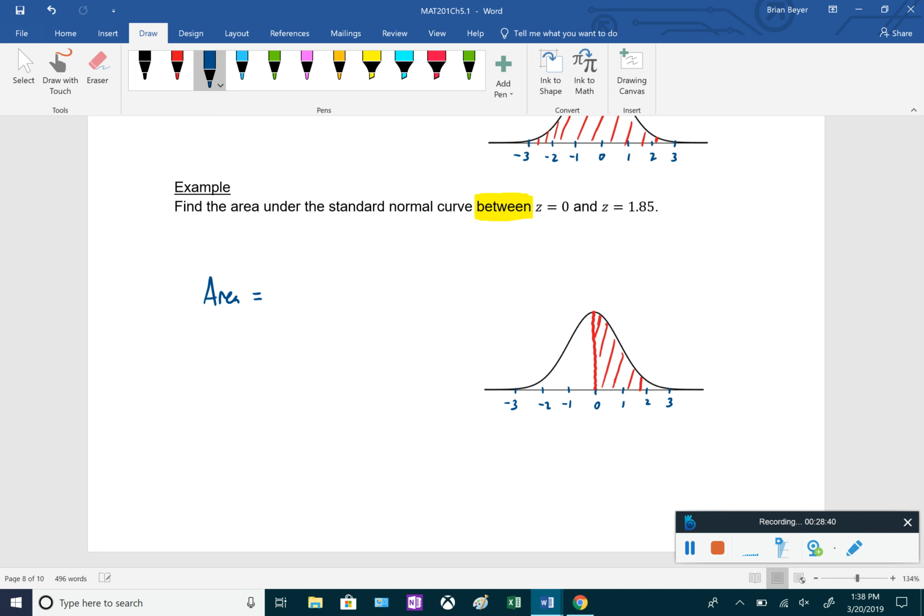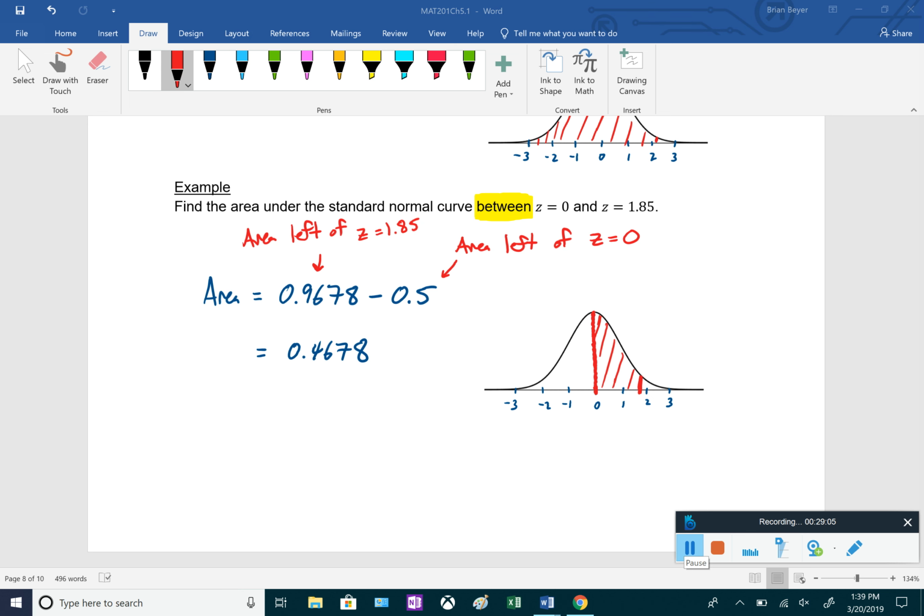The area to the left of z equals 1.85 from the table is 0.9678. The area to the left of z equals 0, hopefully we know this one now, it's 0.5. If not, you look it up on the table. Subtract these, we get 0.4678 as our area.